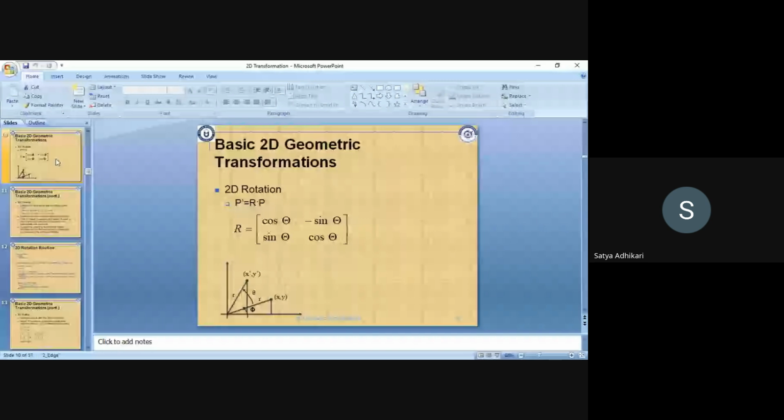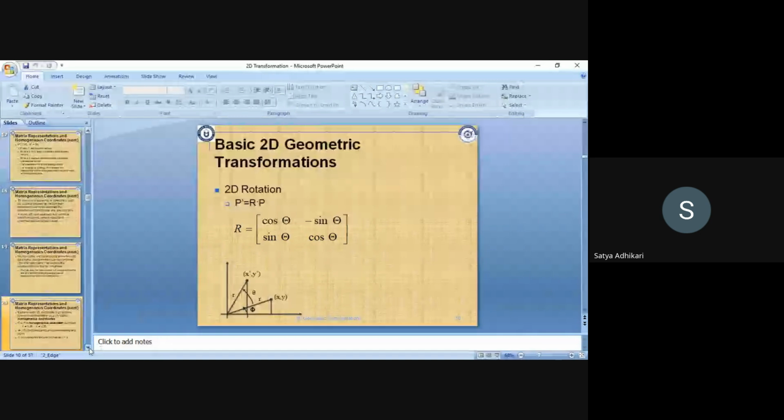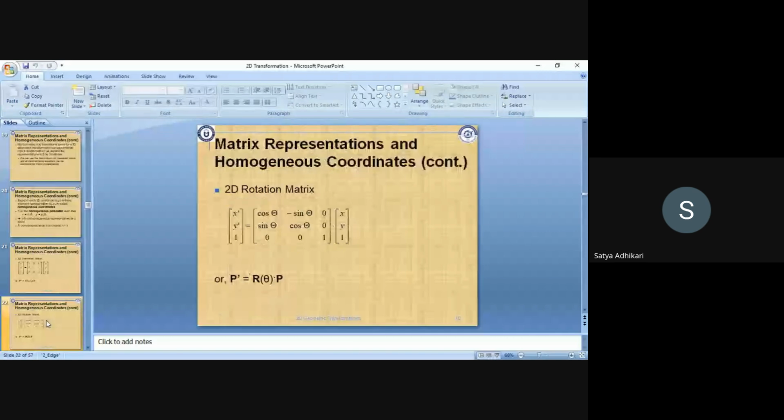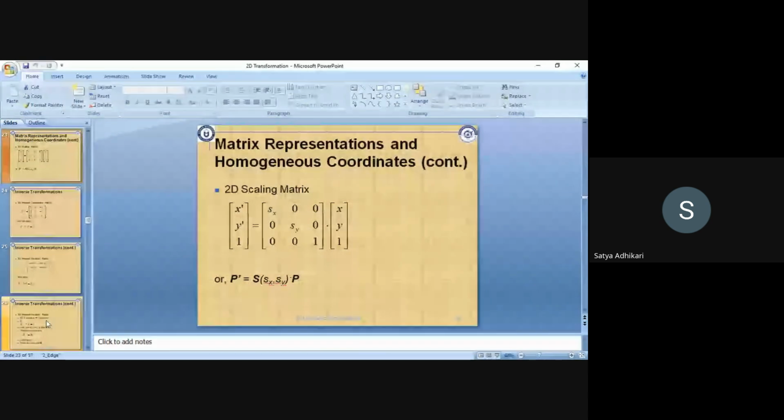The same is there in the new matrix, but I expanded it: in the row and column I added 0 0 1 and 0 0 1. So this is your matrix in homogeneous coordinates. Similarly for scaling.